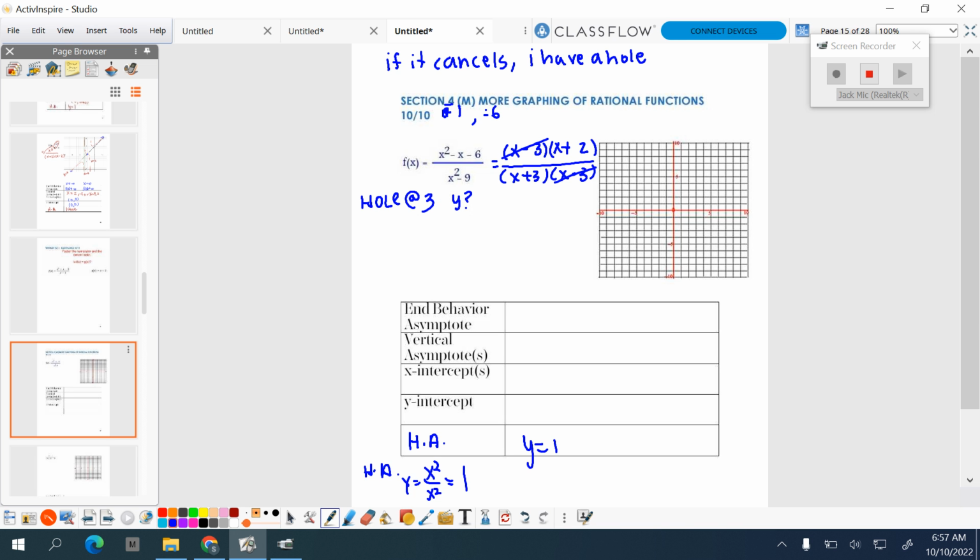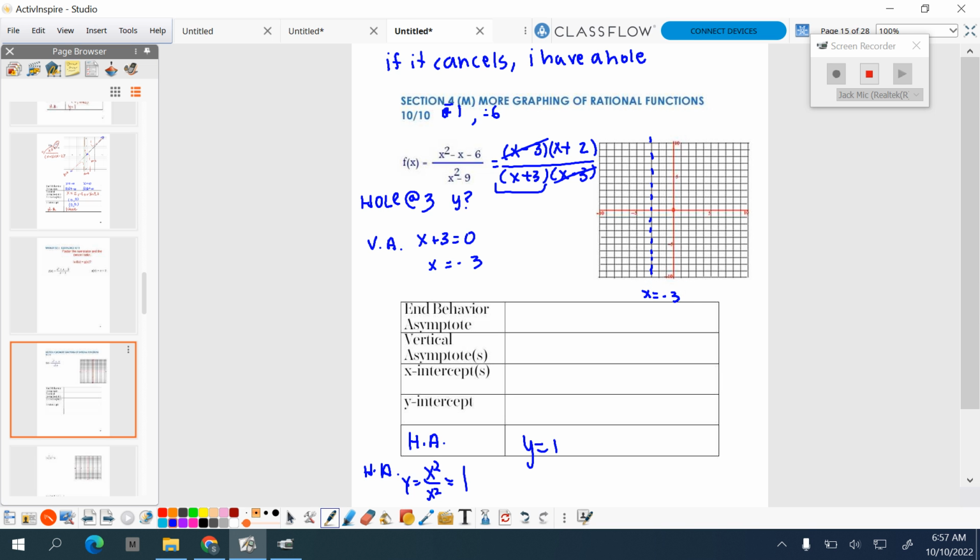But I'm going to have a vertical asymptote in what is left over, and this is the way it works. x plus 3 equals 0, so x equals -3. So when I go graph this equation, which I'm going to do in a second, this is x equals -3, that's my vertical asymptote.